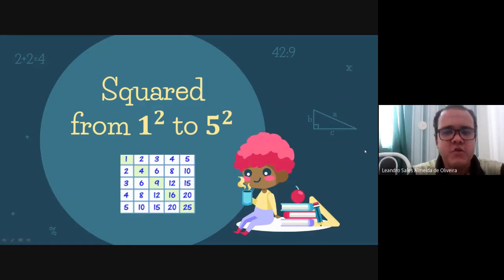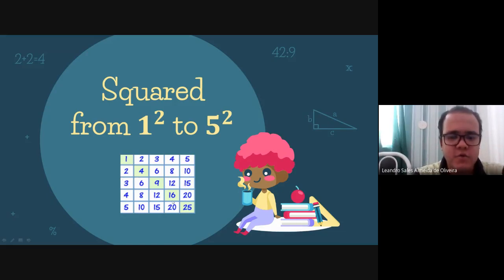All right. Squares from 1 squared to 5 squared. Pay attention. This is a multiplication table. Here, 1 times 1, 1. 1 times 2, 2. 1 times 3, 3. 1 times 4, 4. 1 times 5, 5. 2 times 1, 2. 2 times 2, 4. 2 times 3, 6. 2 times 4, 8. 2 times 5, 10.